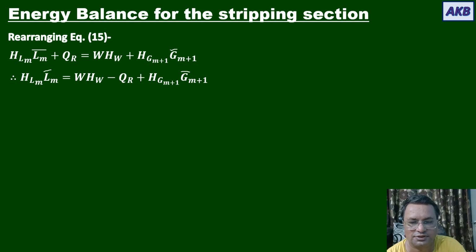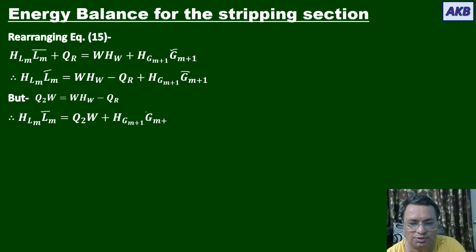What I have done is taken QR to the other side, but we just saw that Q2 into W is nothing but W into HW minus QR. That means this can be replaced with Q2 into W. So we have HLm into L bar m, that is equal to Q2 into W plus HGm plus 1 into G bar m plus 1. I'm calling this equation number 16.